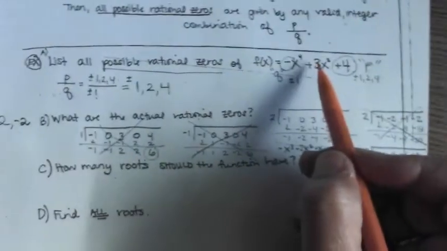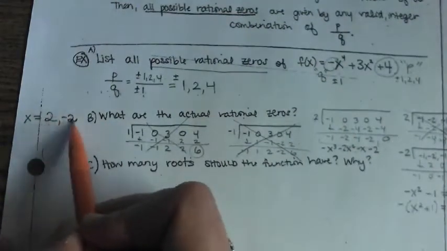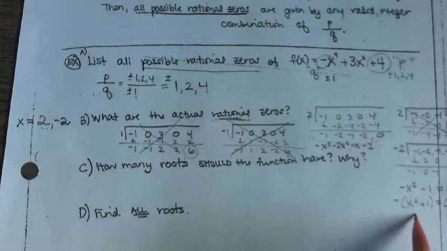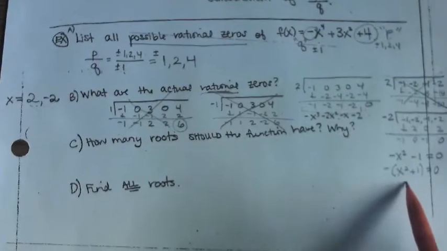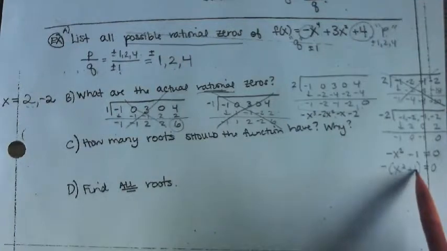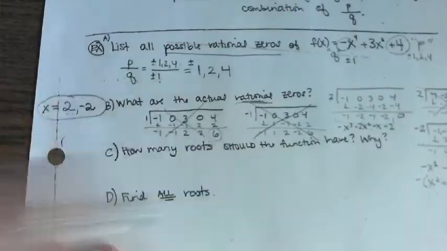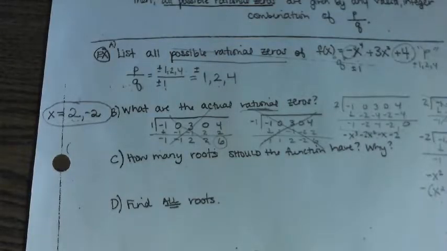So we do have 4 roots. 2 are real and rational, and the other 2 could have been real but irrational. Or, as we see in this problem, they are imaginary. But the actual rational roots are just 2 and negative 2.